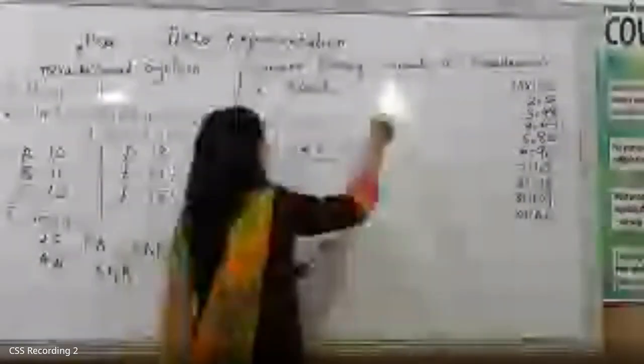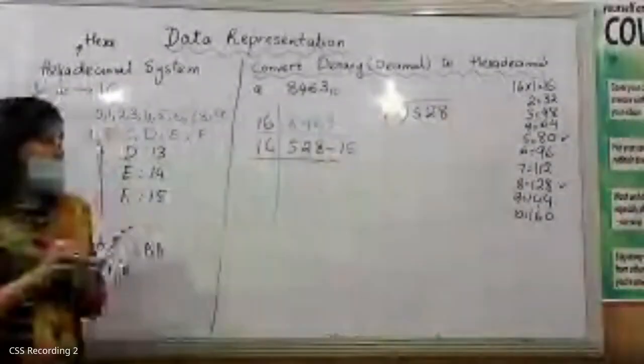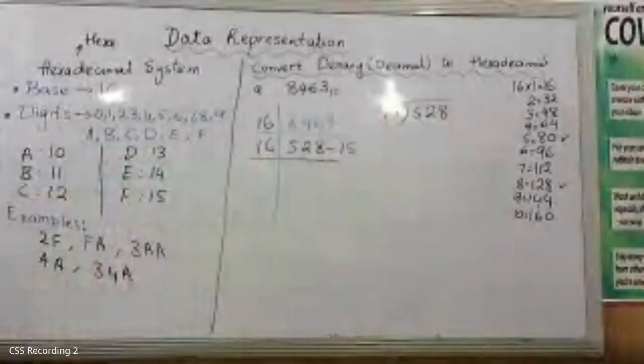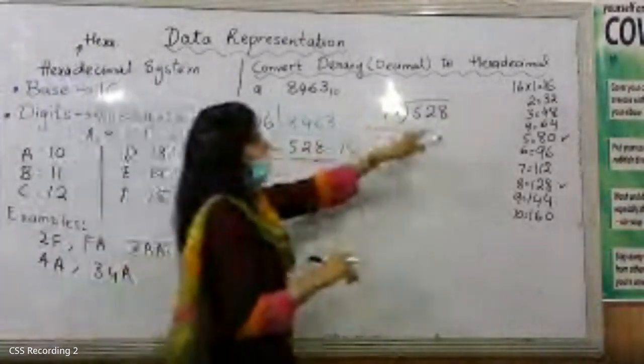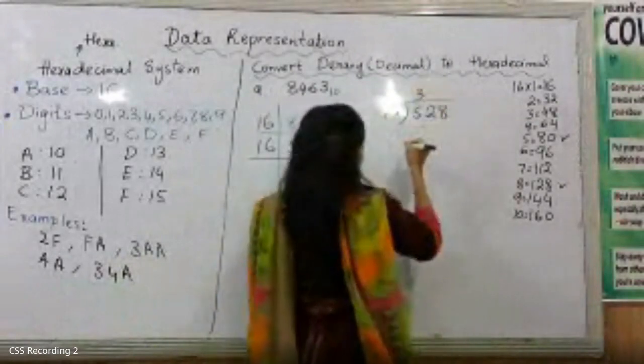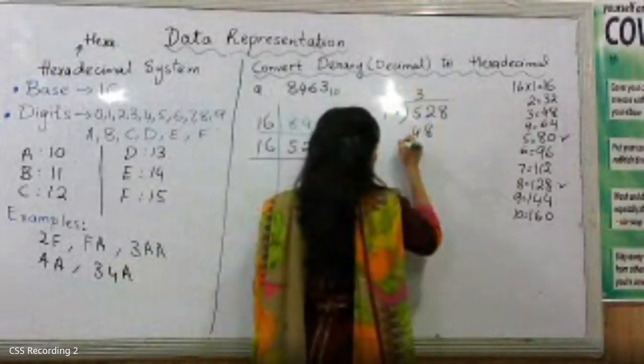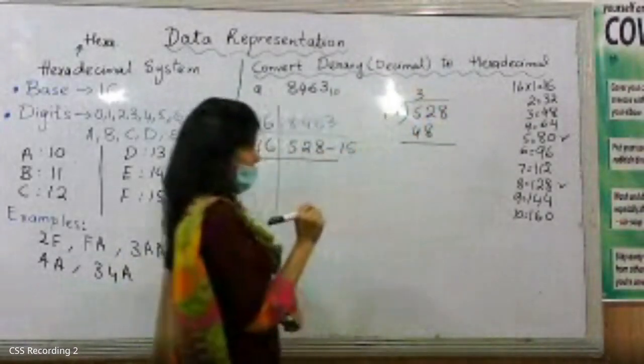Same as the previous step, we have to divide 528 by 16. How many times will we use? We'll use 3 times 16. 3 times 16 is 48, right?